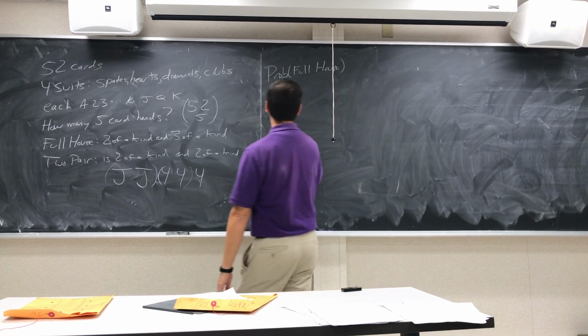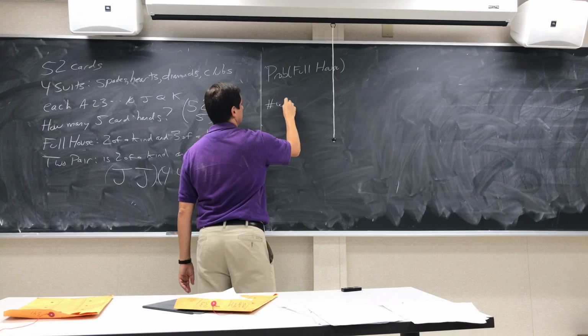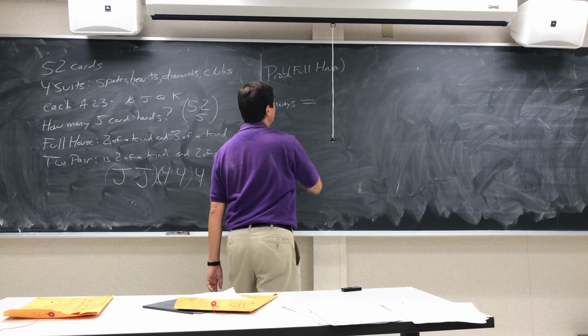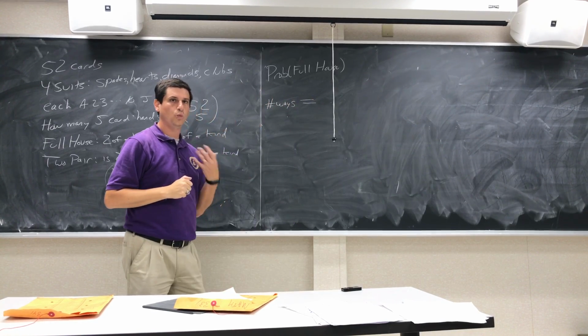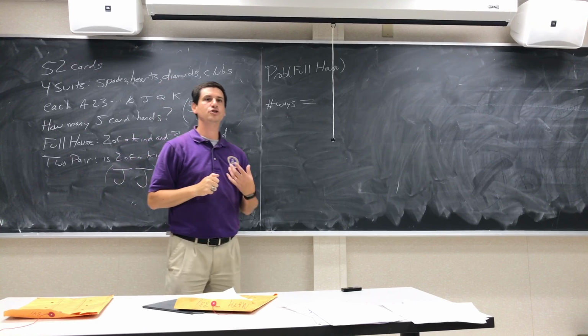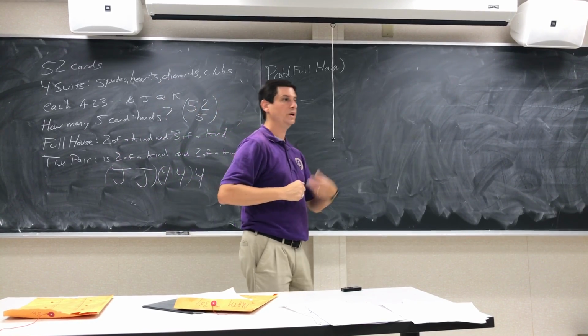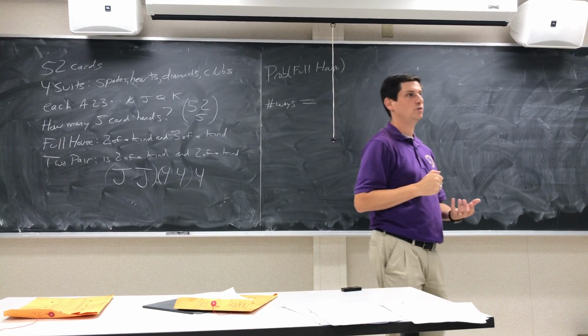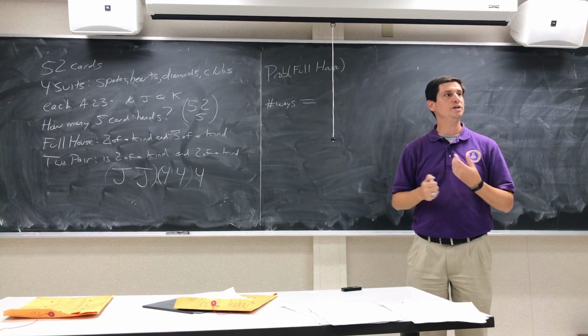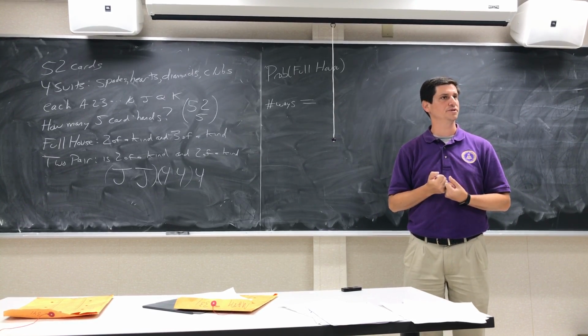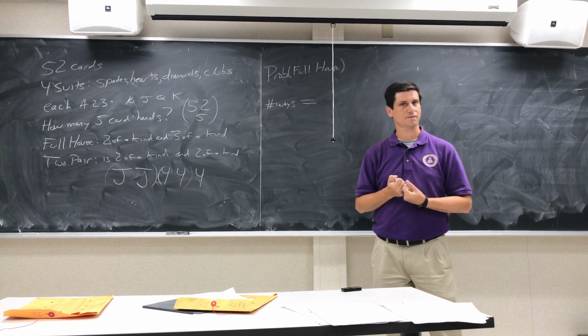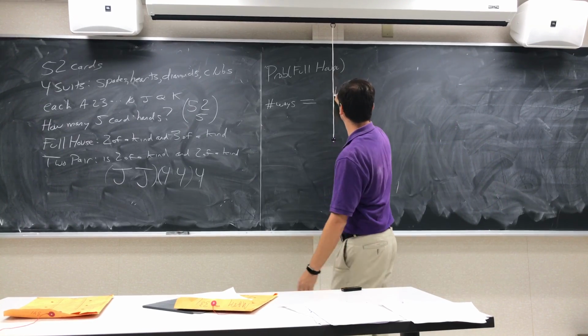So let's try to calculate the number of ways. There's a lot of ways to do this. One way is I have to choose two numbers. One number I'm going to have 3 times, one number I'm going to have twice. How many ways are there to choose two numbers? 13 choose 2.